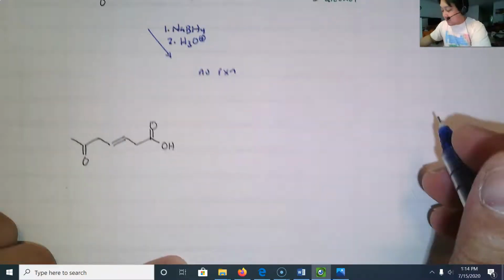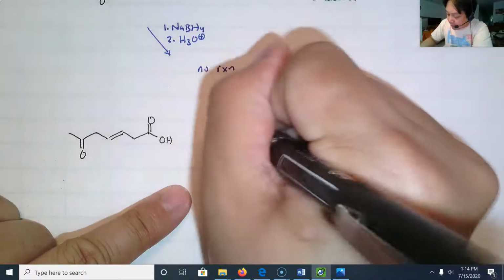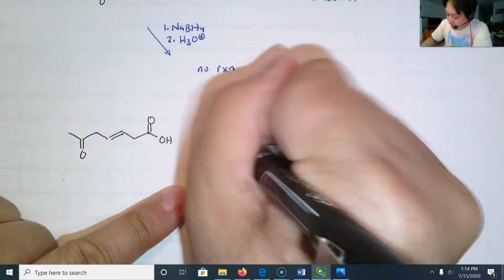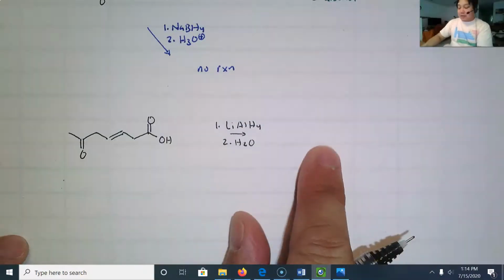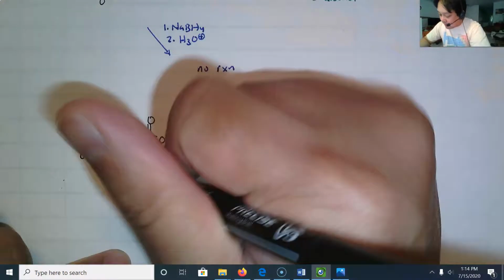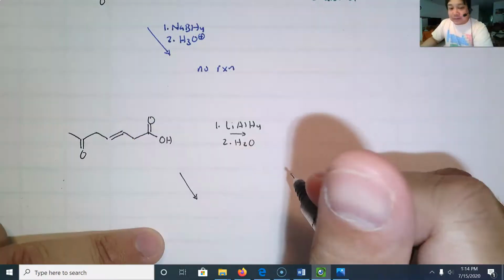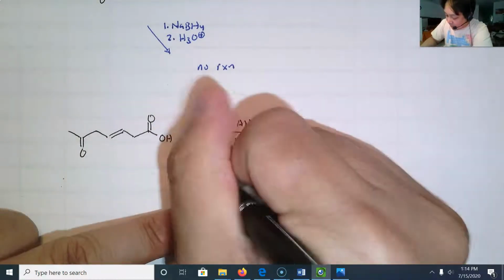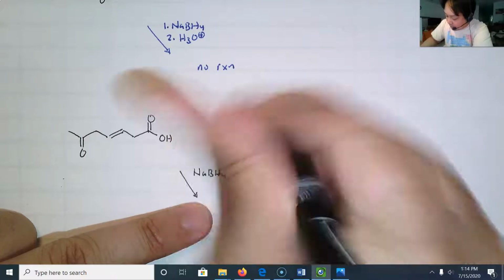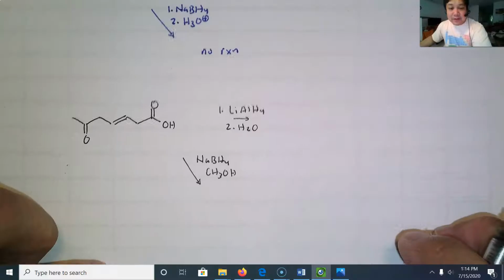Let us use the strong reducing agent, lithium aluminum hydride, and we'll put a product there. Let us use a less aggressive reducing agent, and I'll show you how I would write it. NaBH4, methanol, that should suffice.